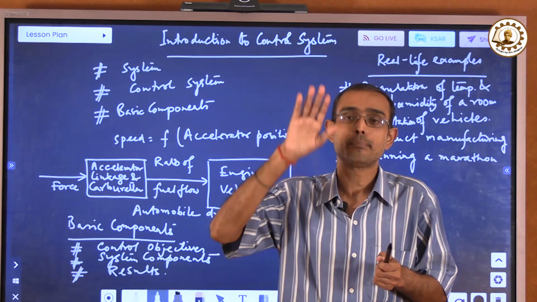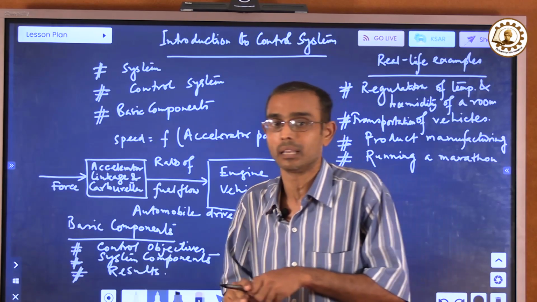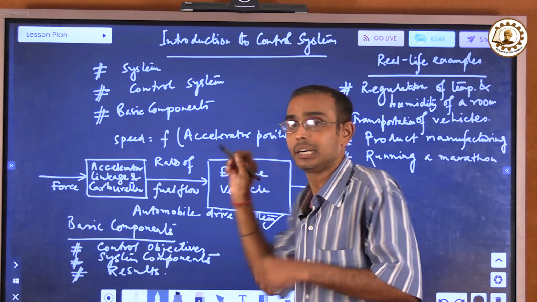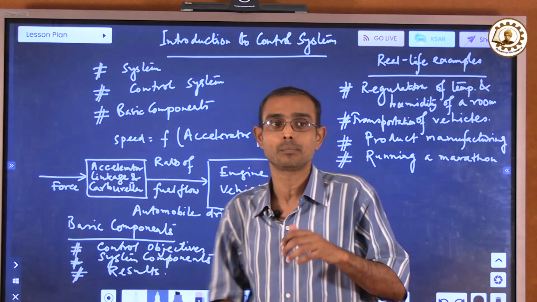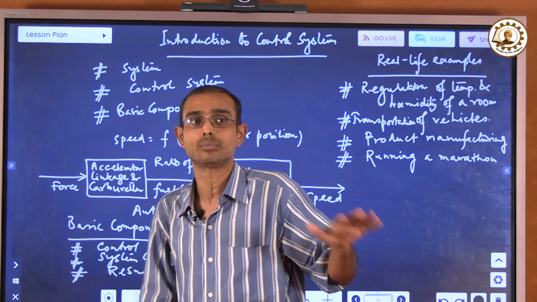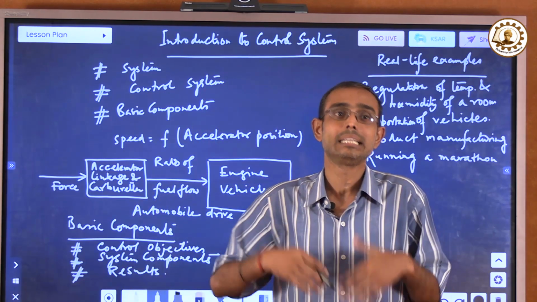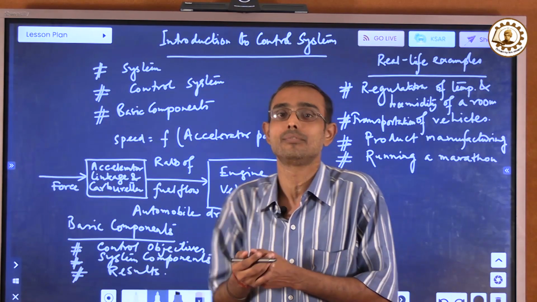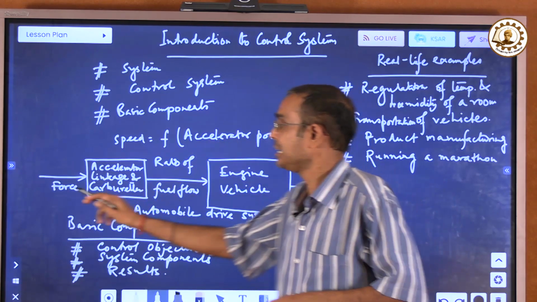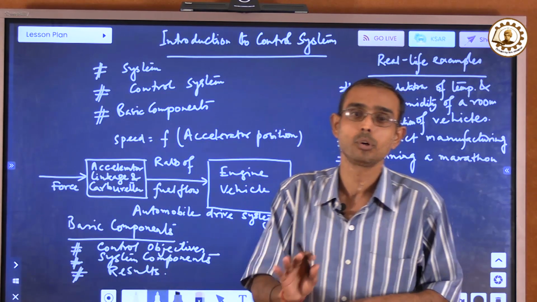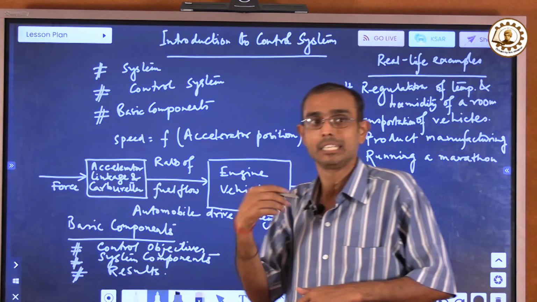When he applies force on the accelerator pedal, as a function of the accelerator position, based on the applied force by the driver's legs, the speed is generated in the vehicle. So speed is a function of accelerator position, and this is directly proportional to the force applied by the driver.